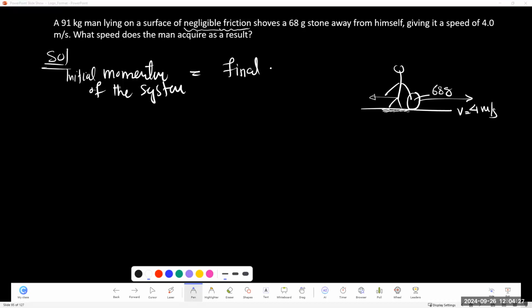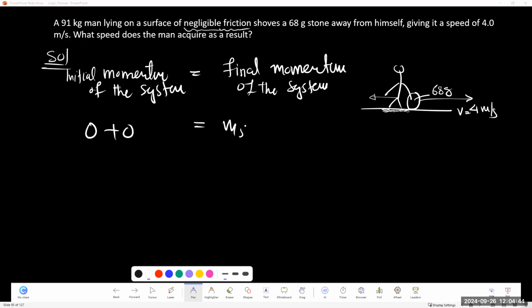That's what we learned, the law of conservation of momentum. Initial momentum is 0 plus 0 because the man is not moving, the stone is not moving.